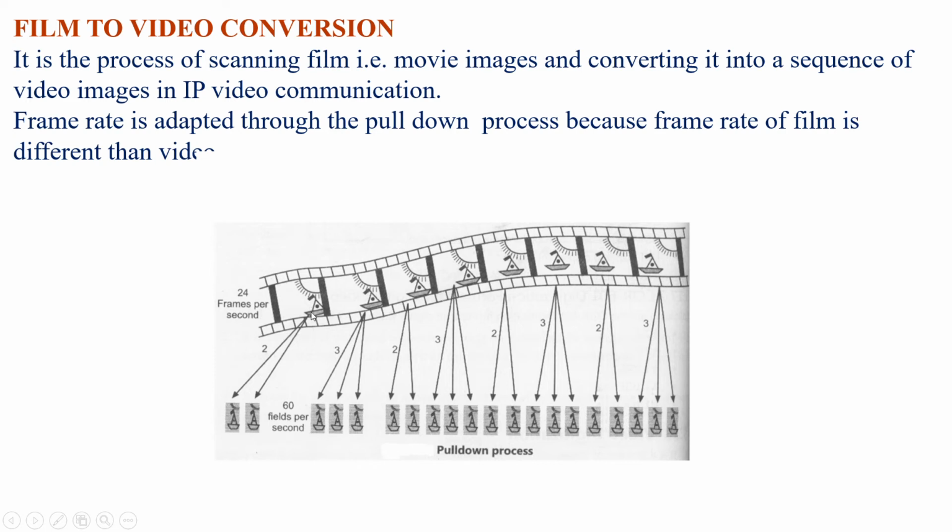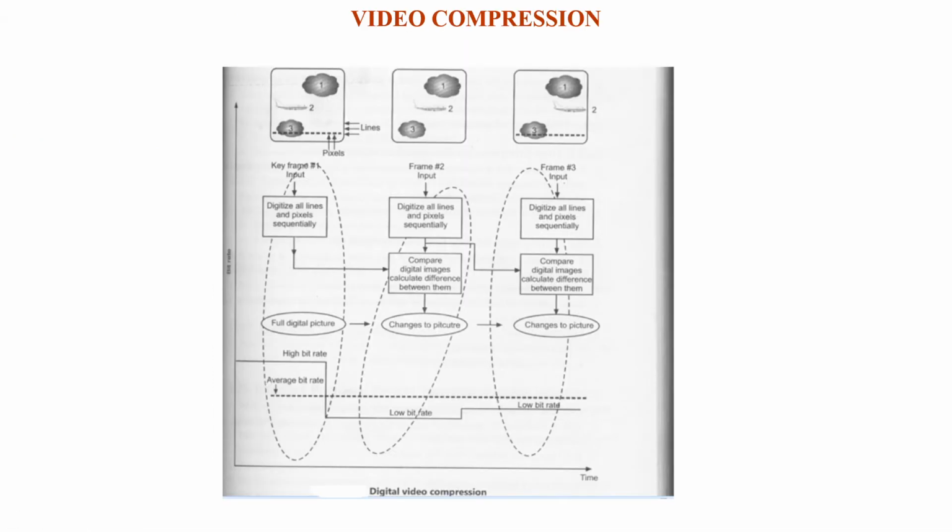So you have derived two frames from one frame, and 3 frames from one frame. This process is called the pull down process in film to video conversion.